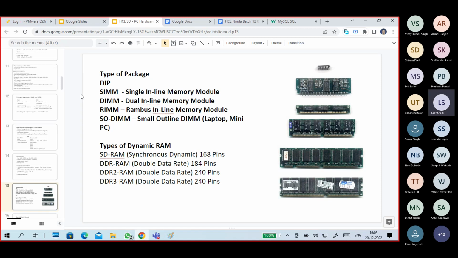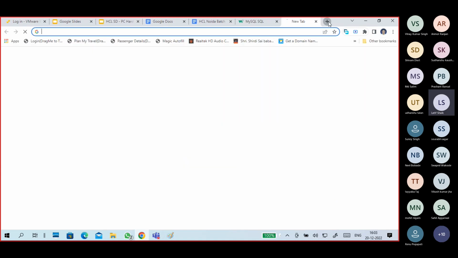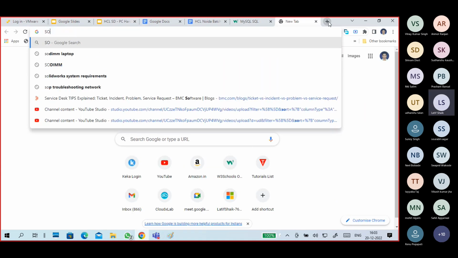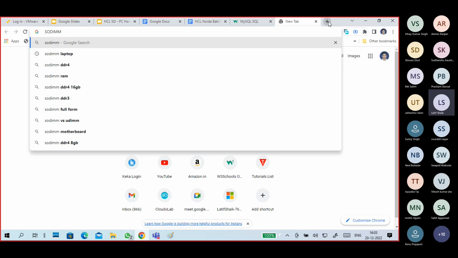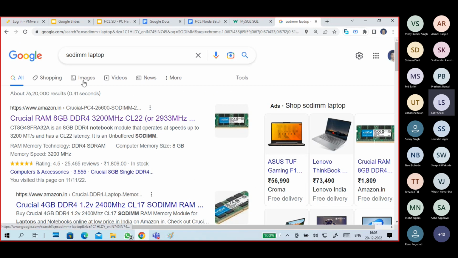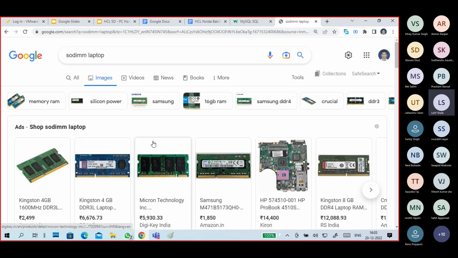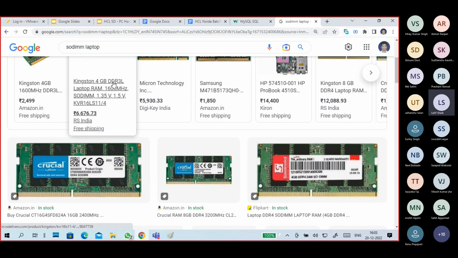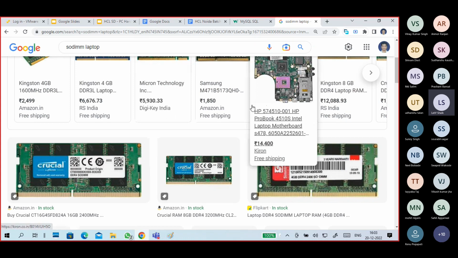RAMs come in different packages, guys. I want to tell only one, that is the SODIMM package. What is SODIMM? Small outline dual inline memory module. SODIMM is used for laptops. SODIMM RAMs are used for laptops and mini PCs only.